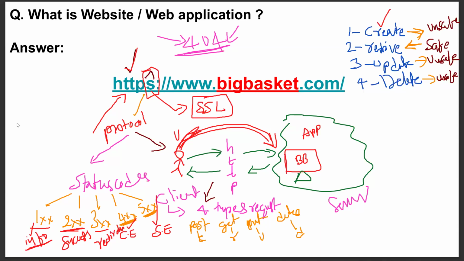But in between, there is a chance that a hacker can come and take the user details. There is a possibility. So HTTP is not a secure protocol, because hackers can access our details in between the client and server.